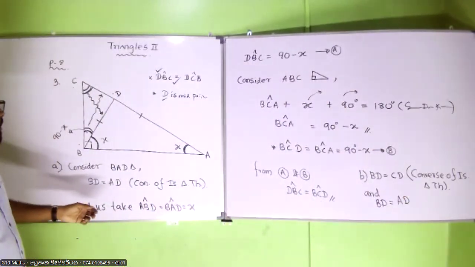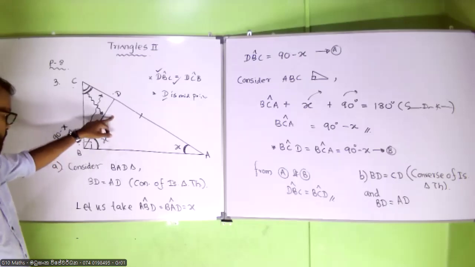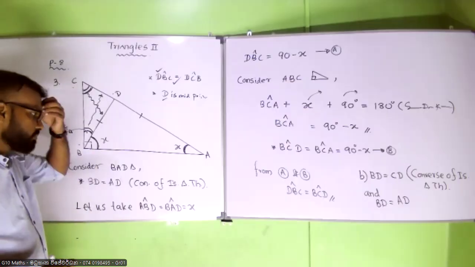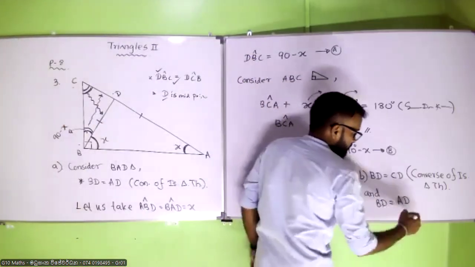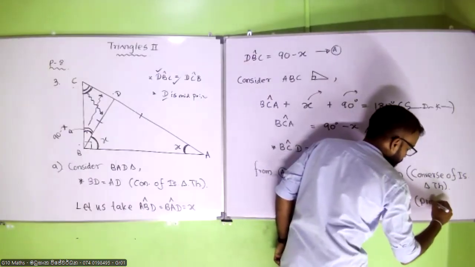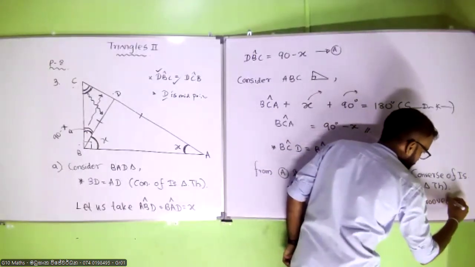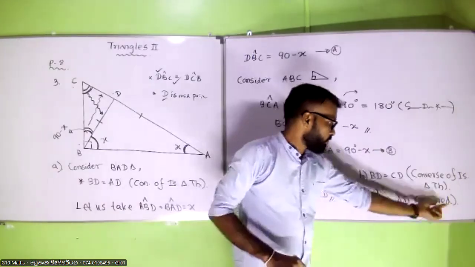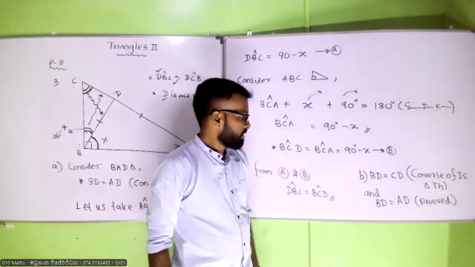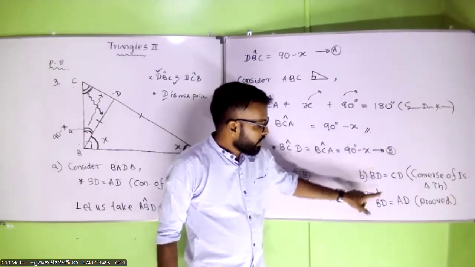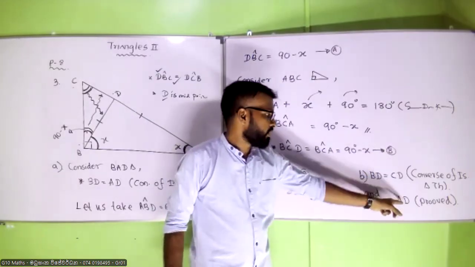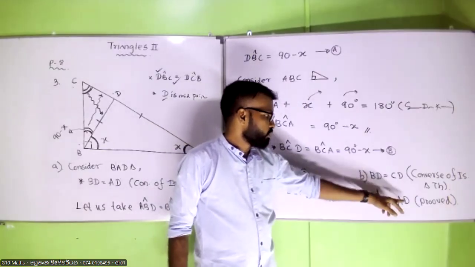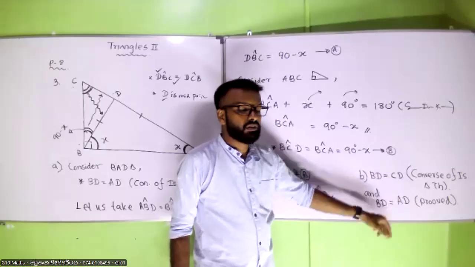We have proved it here. Already done. So A equals B, A equals C, therefore B equals C. Quantities equal to the same quantity are equal.